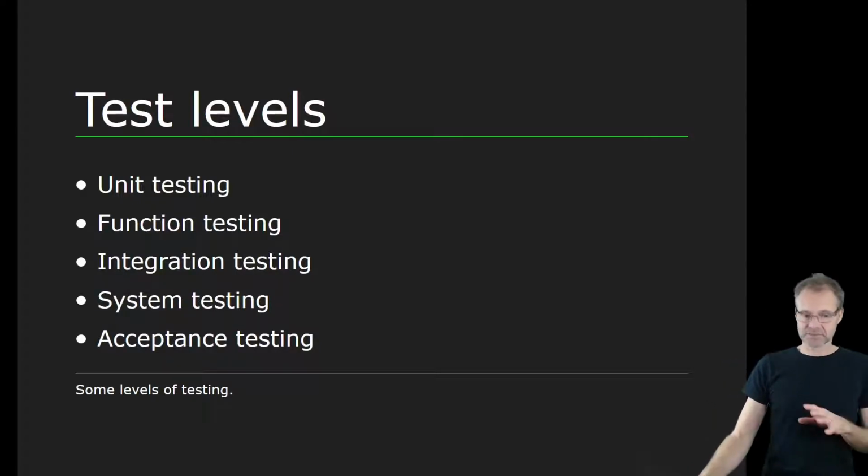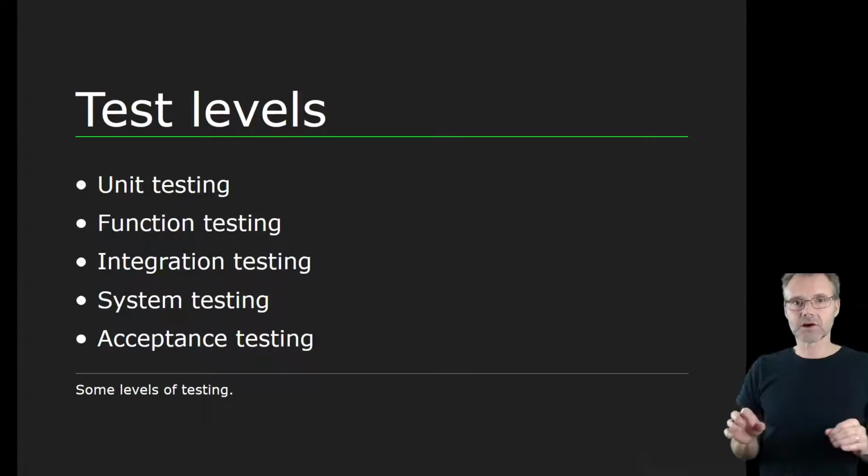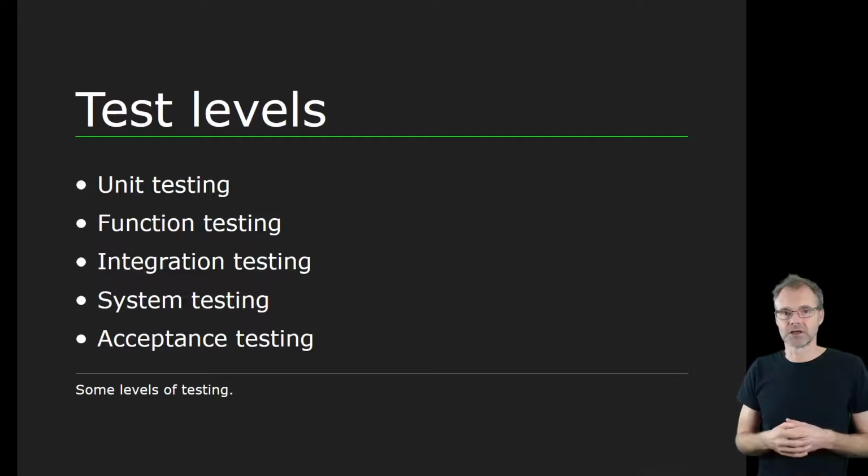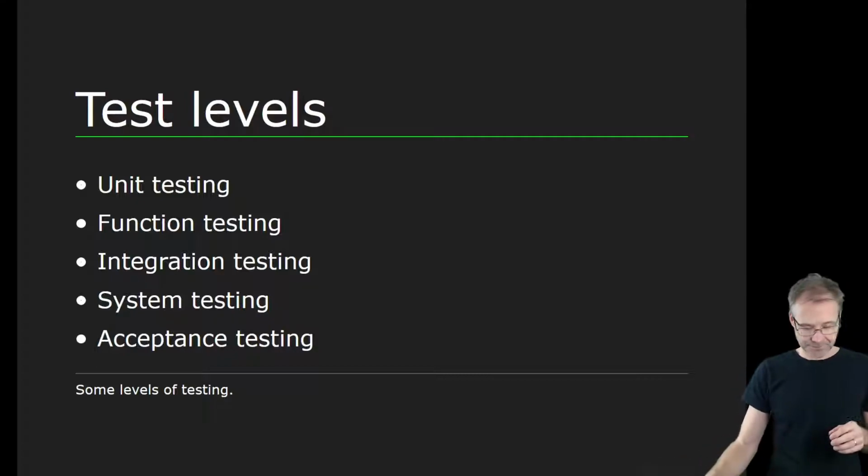There are a lot of testing levels, but let's see some of them here. So we start with unit testing. That is one level of testing where we try to test one unit of software, usually a class or a module. And unit testing is usually done by the programmer who has also written the unit.